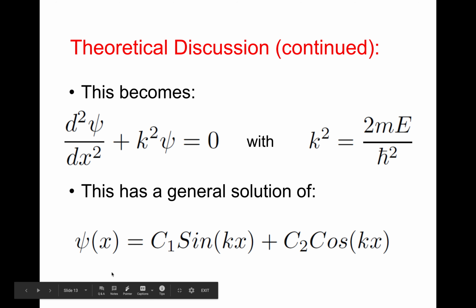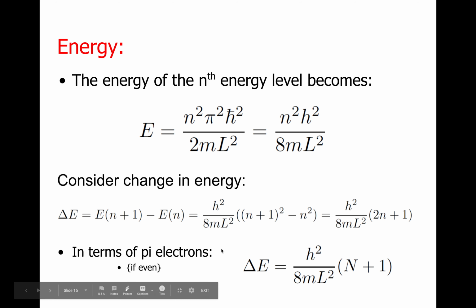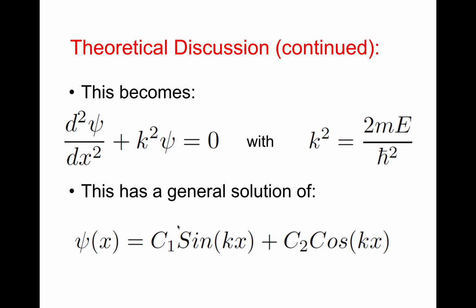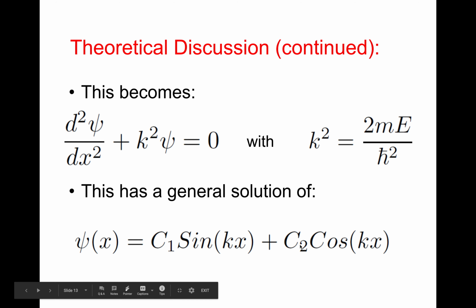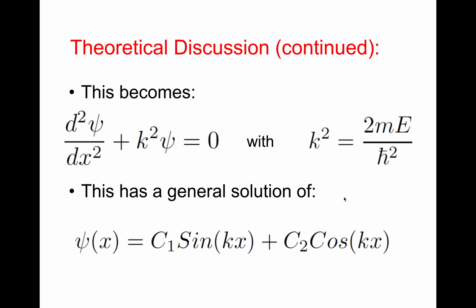So we have 0 equals, what is sine of 0? 0. Plus cosine of 0 is 1. So 0 equals 0 plus C2. That means C2 has to be 0. So we're left with psi of x equals C1 sine kx.